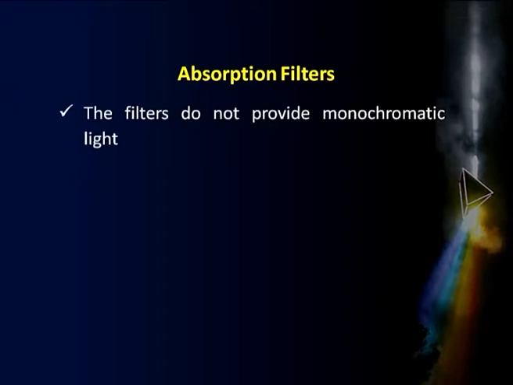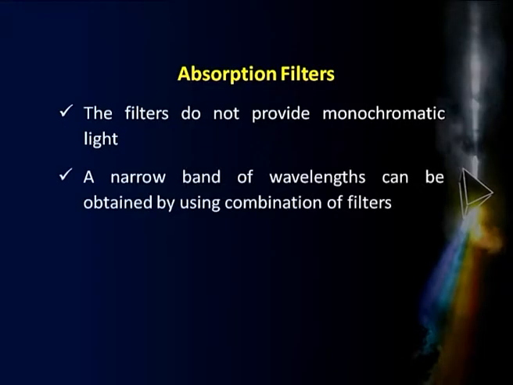We have to have some idea about how things are, what kind of interactions are happening there. So, in such instruments we use absorption filters. The problem with these absorption filters is that they do not provide monochromatic radiation, because they are very cheap and very crude. They give you a range; from a very broad range you come to a narrow range, but you do not get one particular wavelength. But what we can do is use a combination of filters.